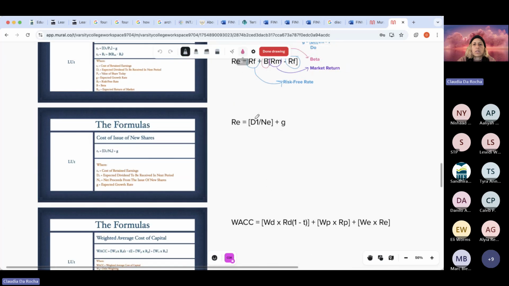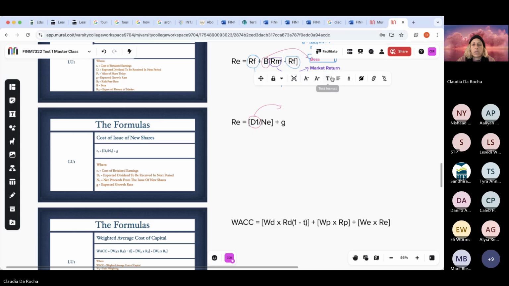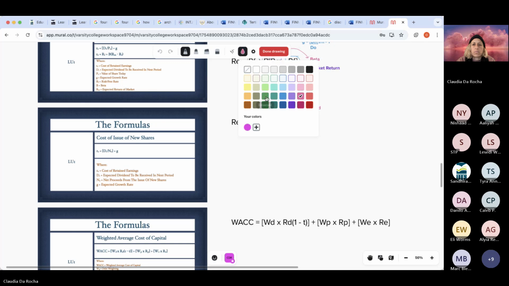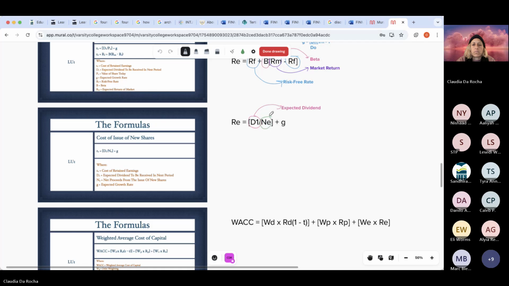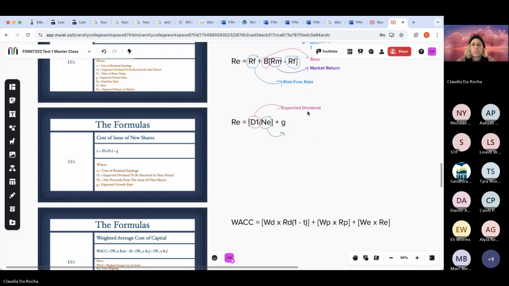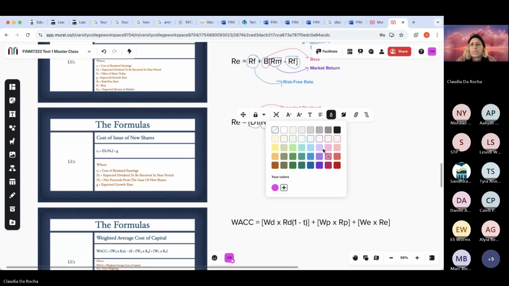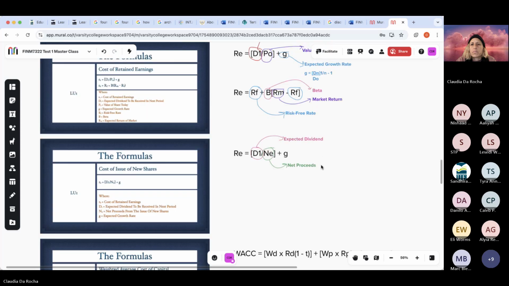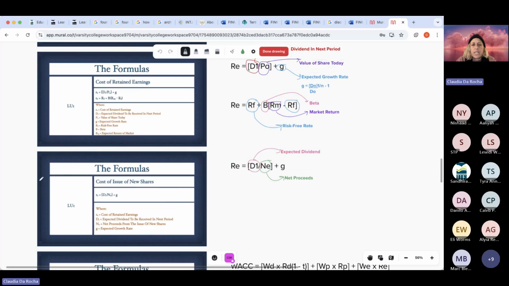Okay, that's the only difference. You have your net proceeds, which we've done already.